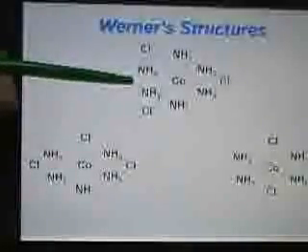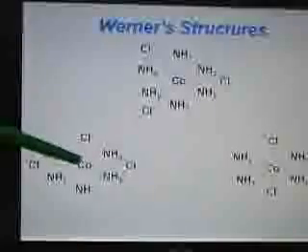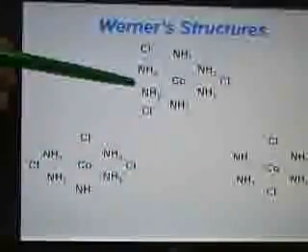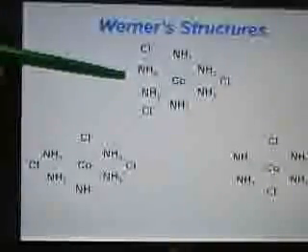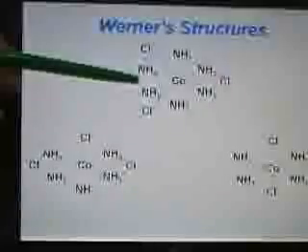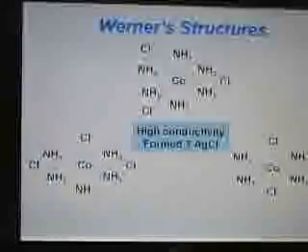When this compound is put in water, the 3 chlorides should dissociate from the cobalt, meaning this should form a highly conducting solution and precipitate 3 moles of AgCl per 1 mole of this compound. This is consistent with the experimental observations.